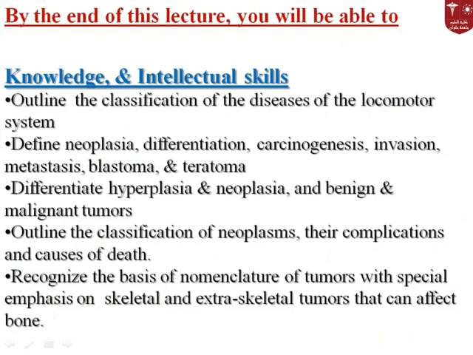So my objectives from this lecture are that you will be able to classify the categories of locomotor system diseases, define some terms related to neoplasia, classify neoplasms or tumors and differentiate tumors from a type of adaptation called hyperplasia, outline the complications and causes of death of neoplasms, and recognize how we name the tumors.